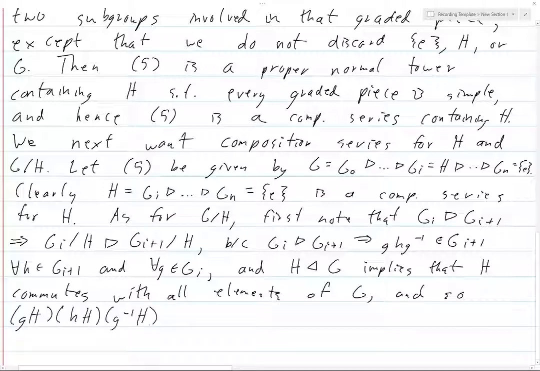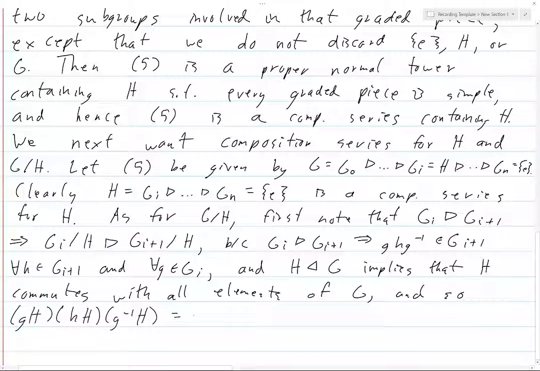But the only unfortunate thing is that I used little h in these computations, because when I wrote this up, I was using capital K instead of capital H. So little h is not necessarily an element of capital H, but if you keep that in mind, then that's fine. So then what's this?